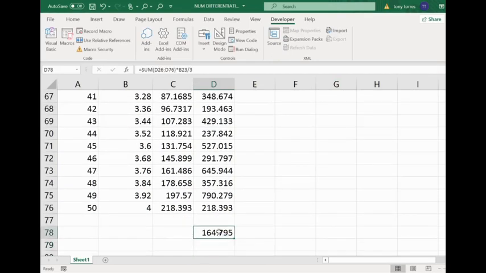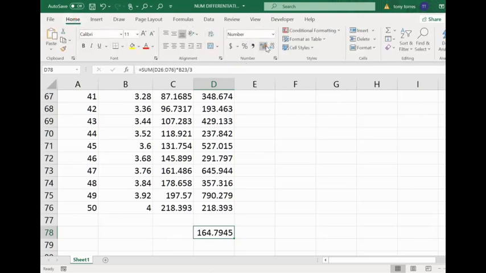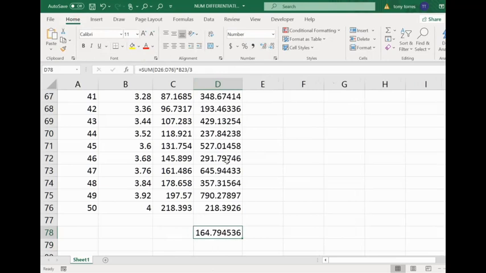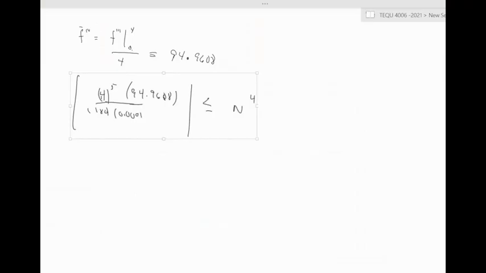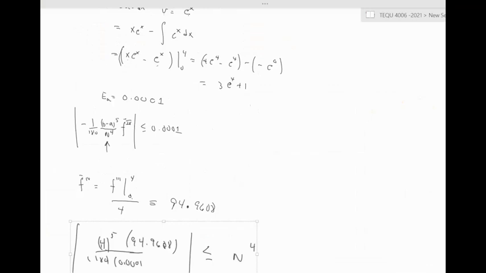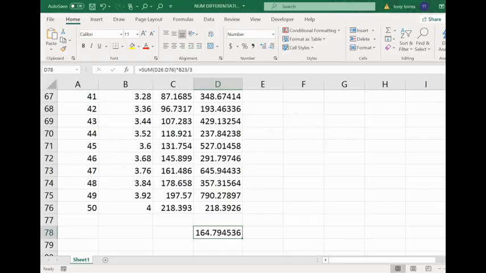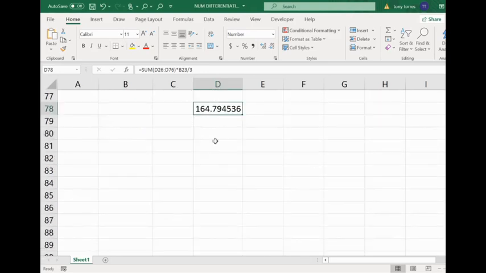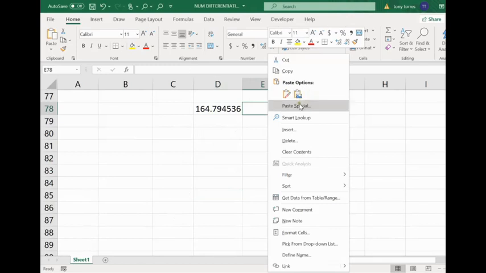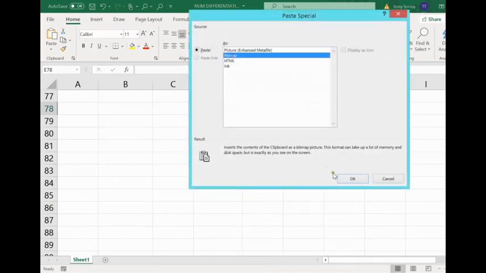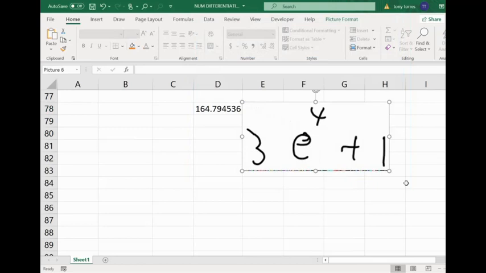Finally, I got the number. That's the number. Let's put more decimal places. And let's get the real number. The true number was somewhere here. Right here. Let's get it somewhere here. Base special. Wow.